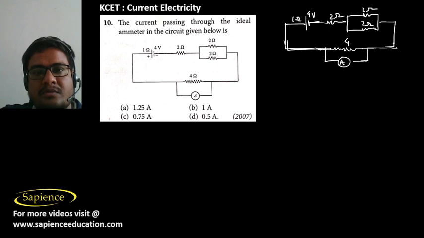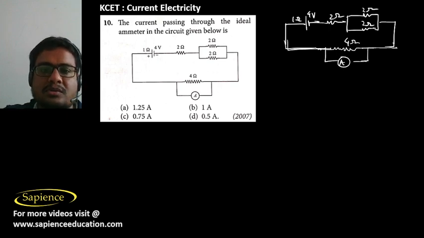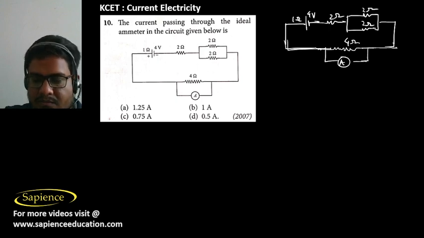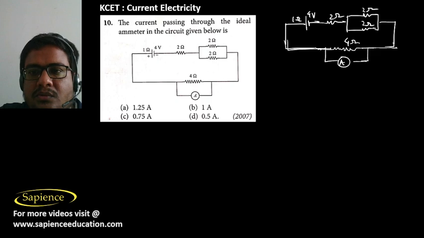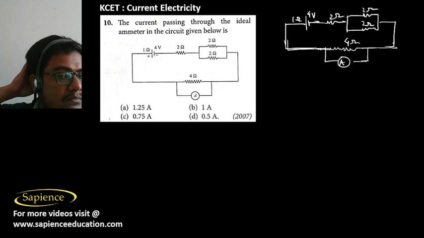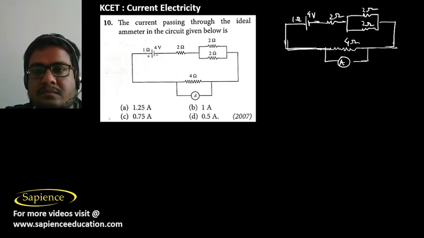So this is the ammeter, this is 4 ohm. So how much current will pass through the circuit? Actually, the ammeter should be connected in series.